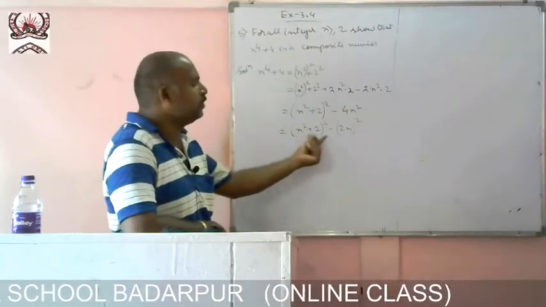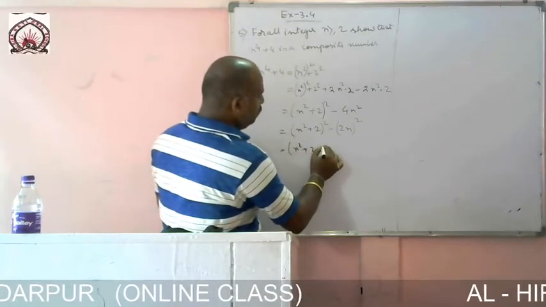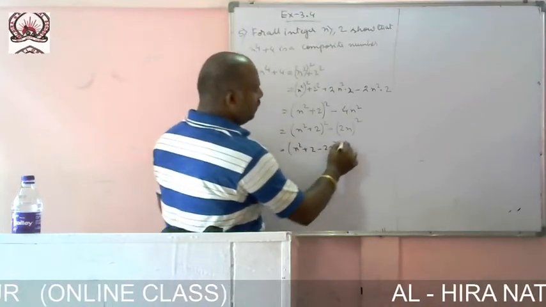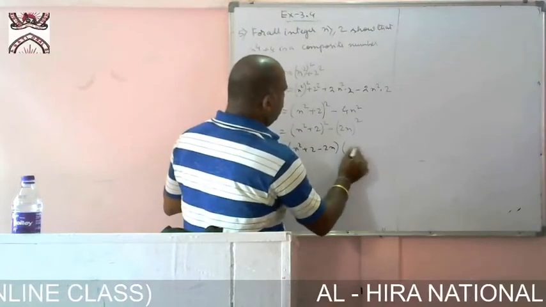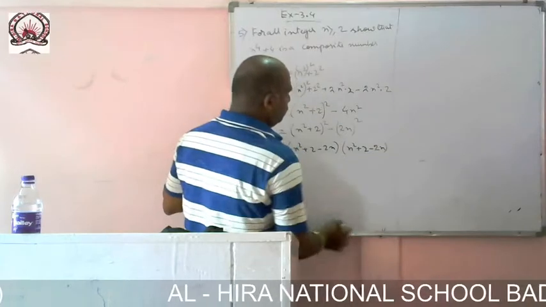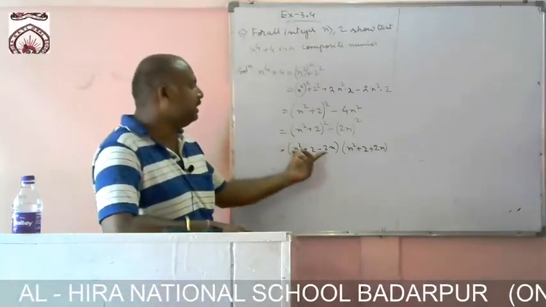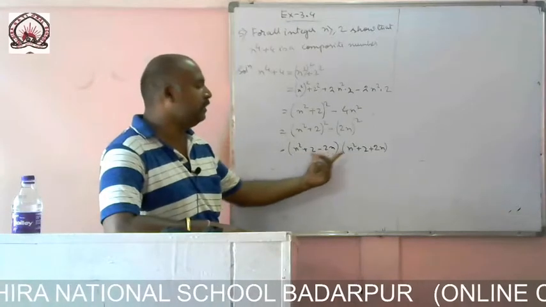This is nothing but a square minus b square. So we write n square plus 2 minus twice n, and another term would be n square plus 2 plus twice n. One will be plus, another having minus. So we are getting the divisors as this one and also this one.